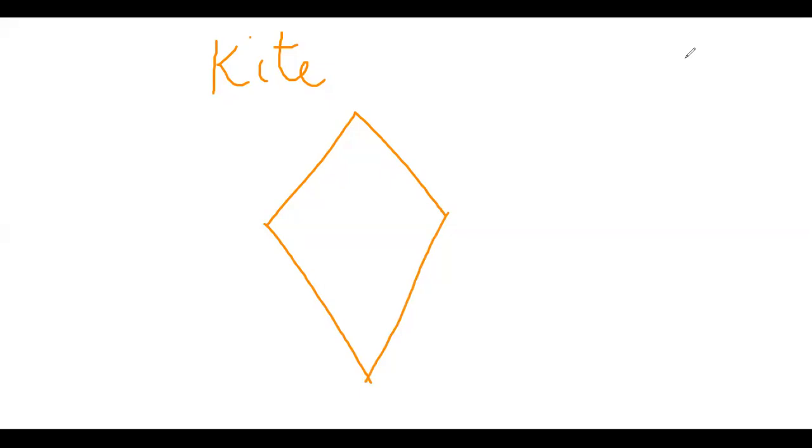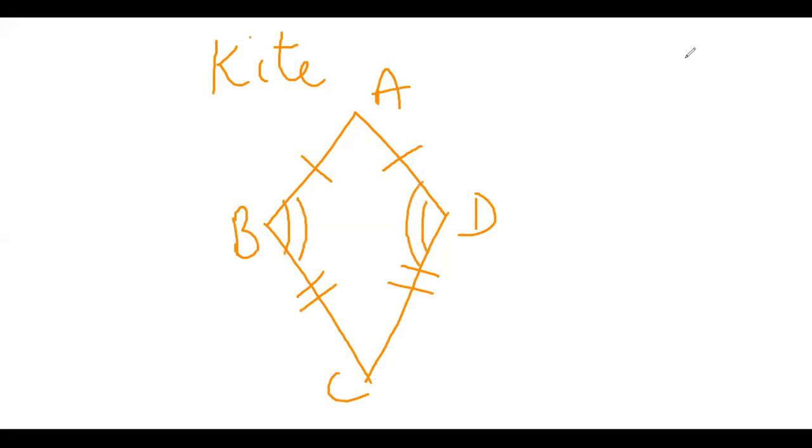Second, we did kite. What is a kite? Where adjacent sides are equal, like this. Where ABCD is a kite, then AB is equal to AD and BC is equal to CD, and angle B is equal to angle D. Okay. Then next was parallelogram.